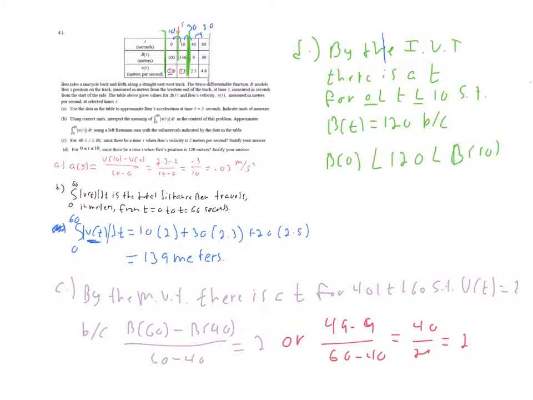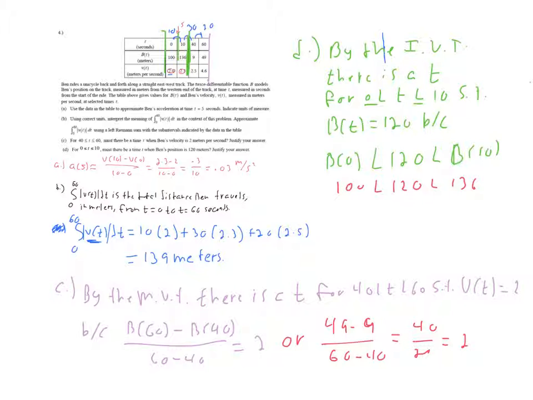Or I could say exactly what they are. I could say, 100 is less than 120, which is less than 136. So I can't go from his position value at 0, which is 100, to his position value at 10, which is 136, without going through that 120. And that's the intermediate value theorem.